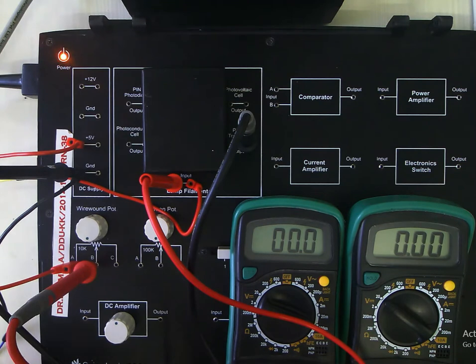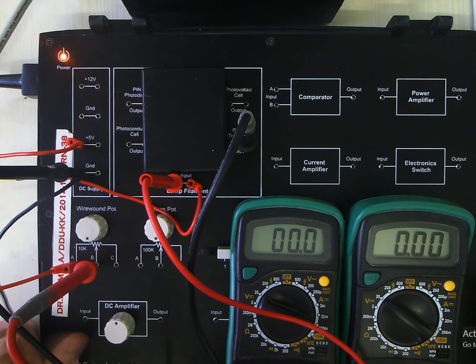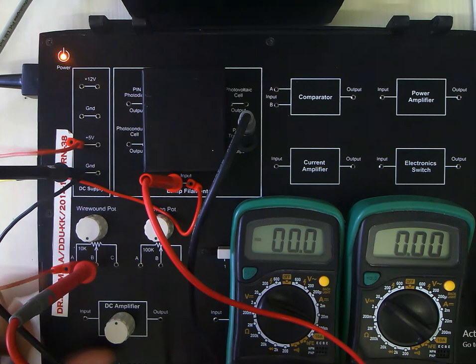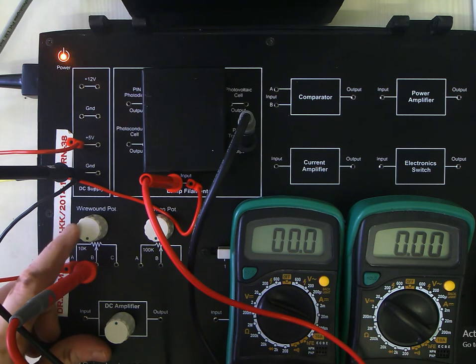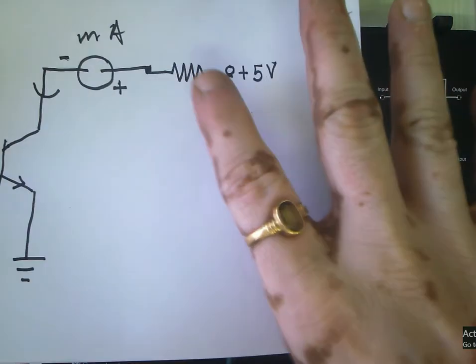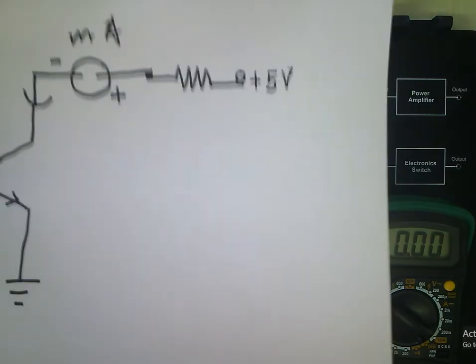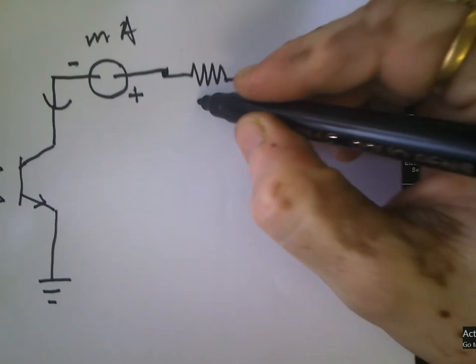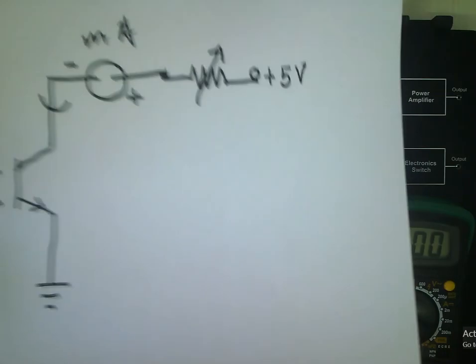Now let me tell you one thing, that whenever you are using this sensor for some photo switching applications, then remember that you have to always use a resistance like this. All right, remember that we have to use a variable resistance.